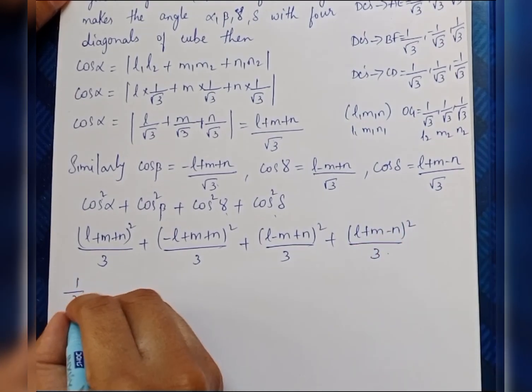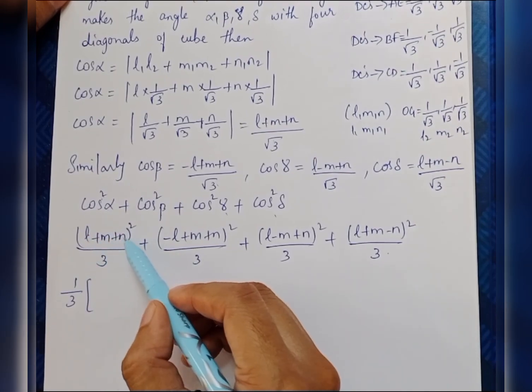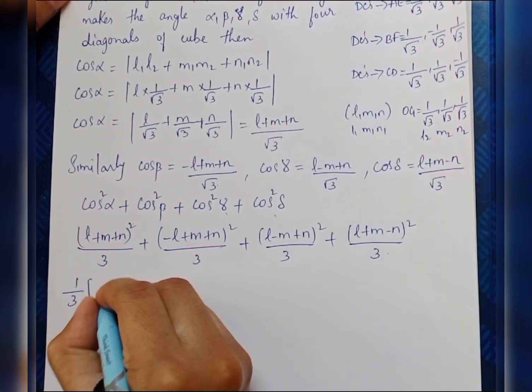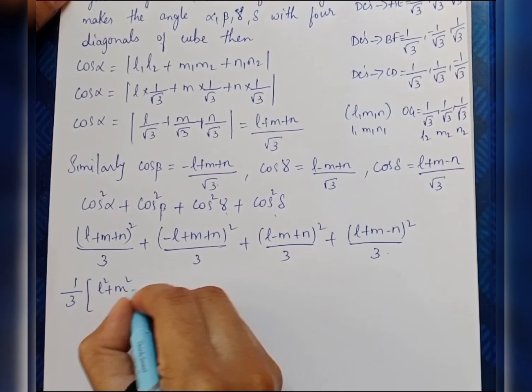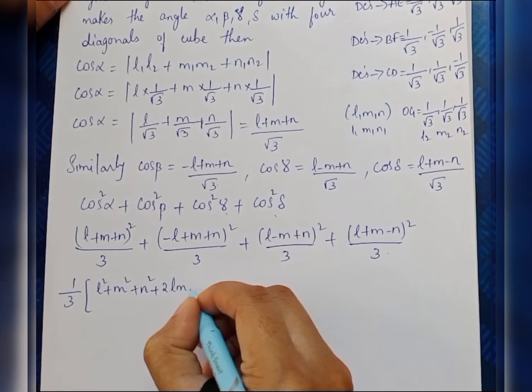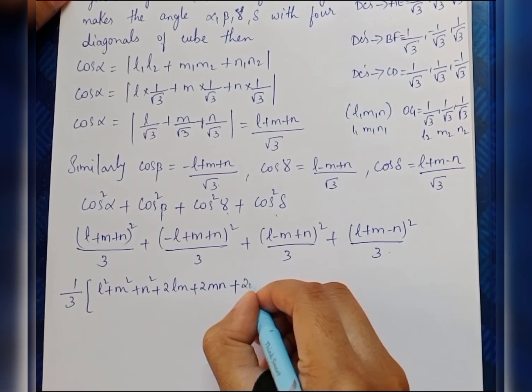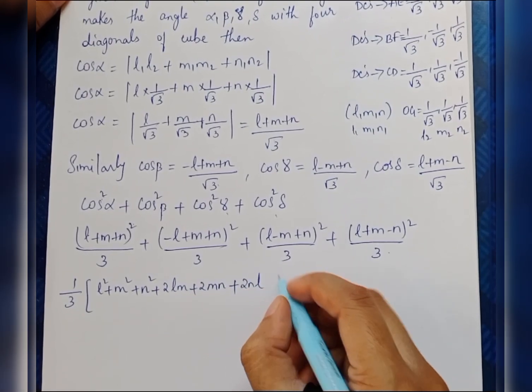Here we'll take 1 by 3 as common. Now applying the formula of (a plus b plus c) whole square, it is a² plus b² plus c² plus 2lm plus 2mn plus 2nl. Right?